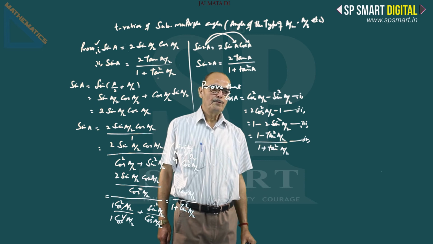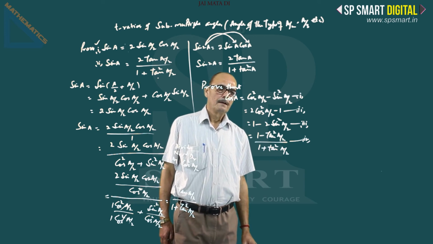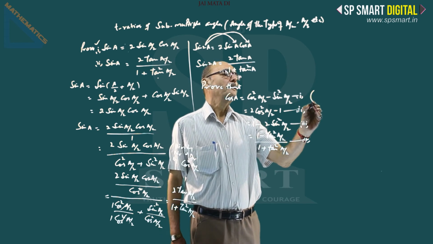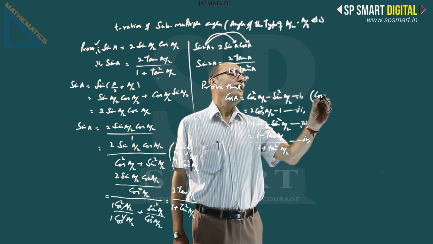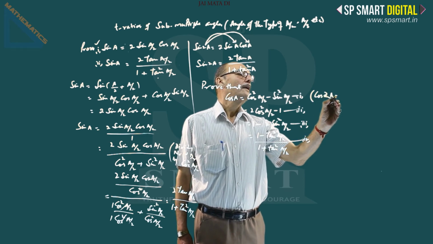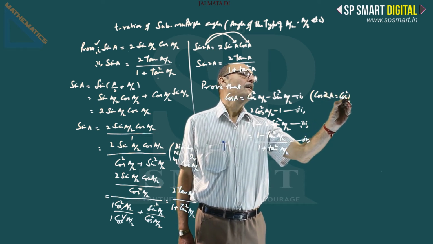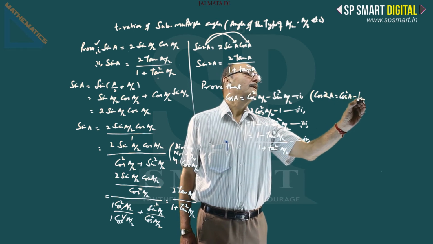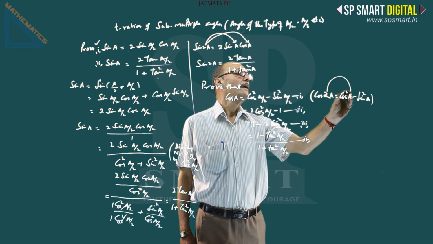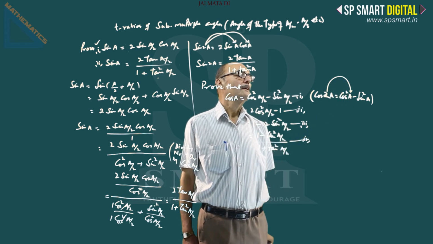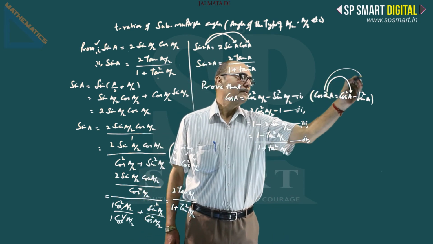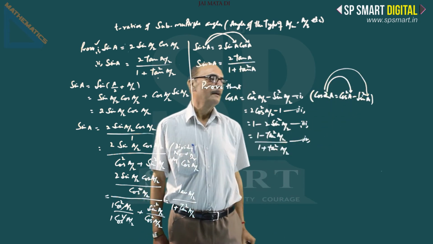I leave the proof of this result, but we can compare the result with this. Cos 2A is cos square A minus sin square A. If it is 2A, half of this will come with cos square A and half of this will come with sin square.